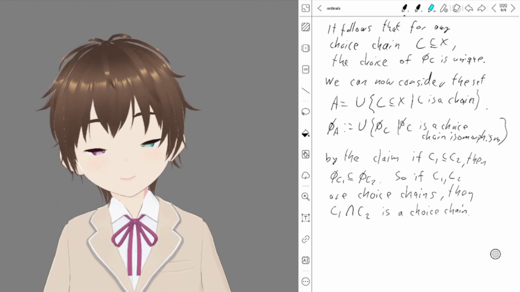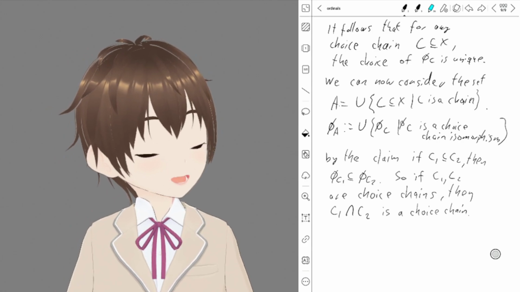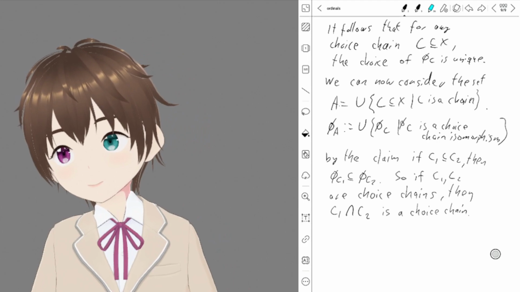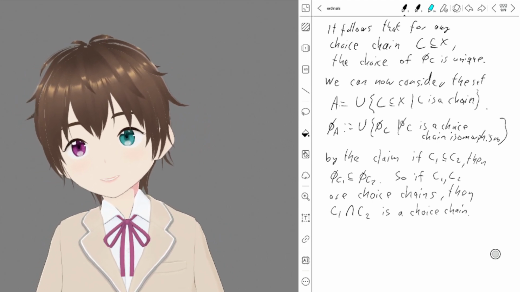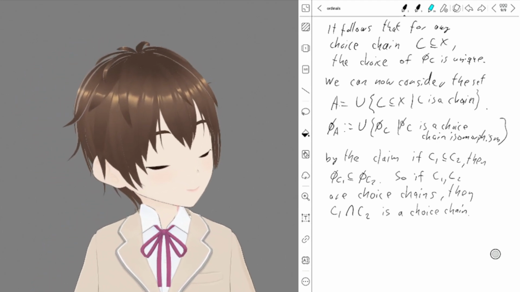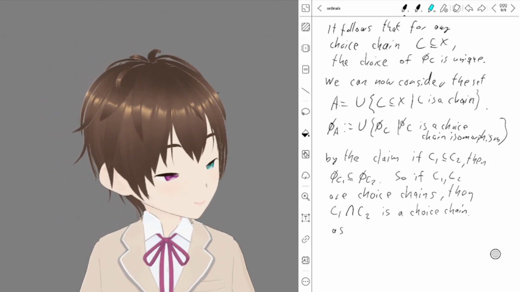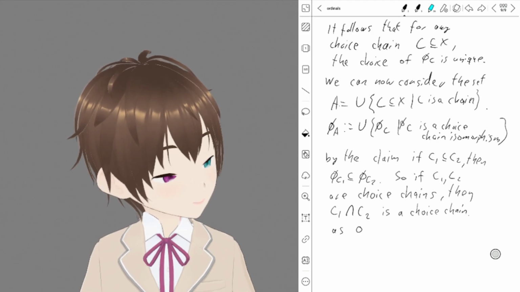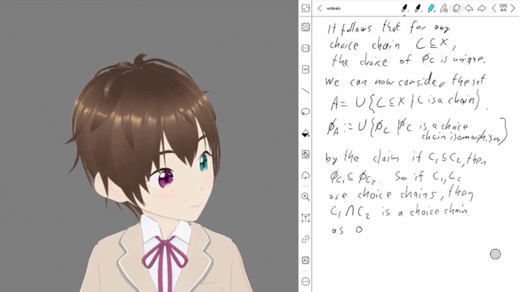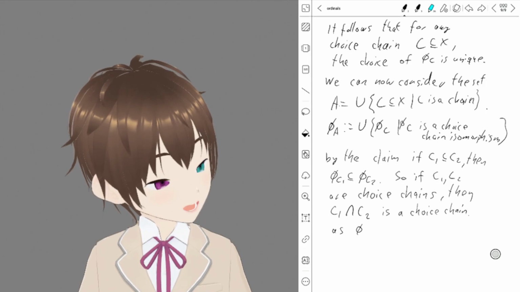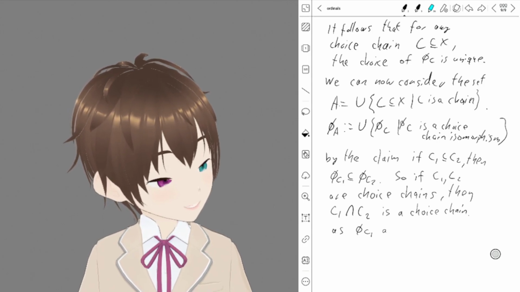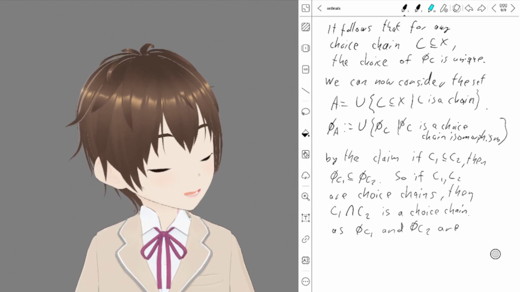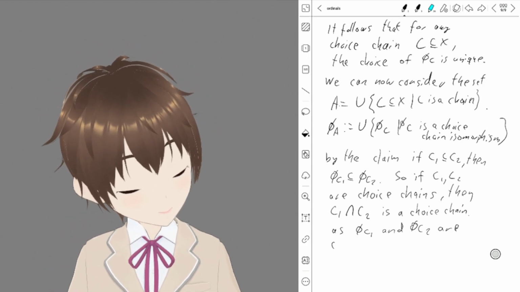Why do I know this? Because if I take their intersection, I can pull back the isomorphisms to ordinals, and then one of the ordinals is smaller than the other one. Phi C1 and phi C2 are comparable because they correspond to ordinals.